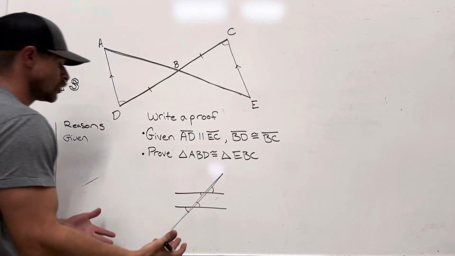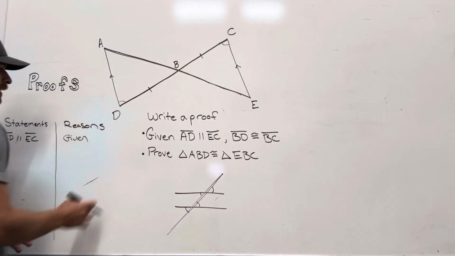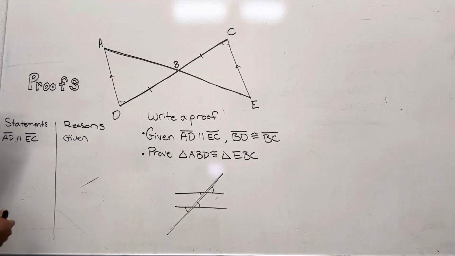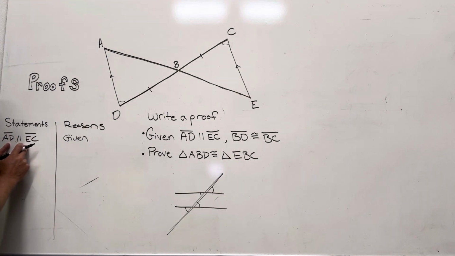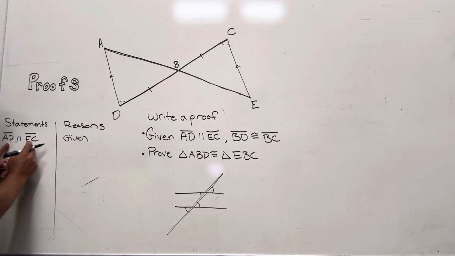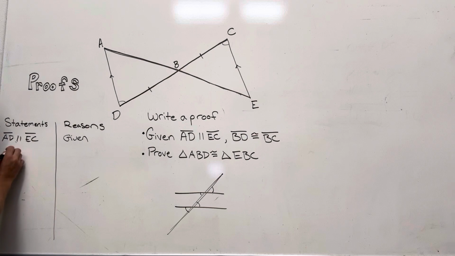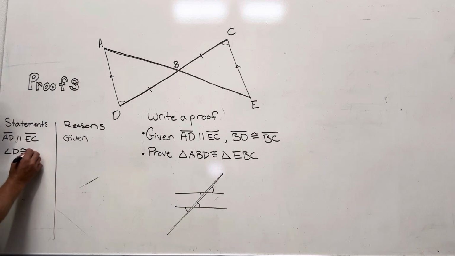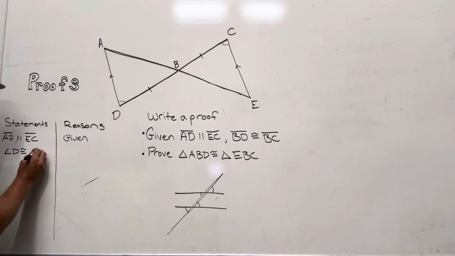And since they're congruent, that's giving us an angle that we need to prove using angle side angle. So because these are parallel, and that was given to us, we can determine the next step, that's angle D is congruent to angle C.